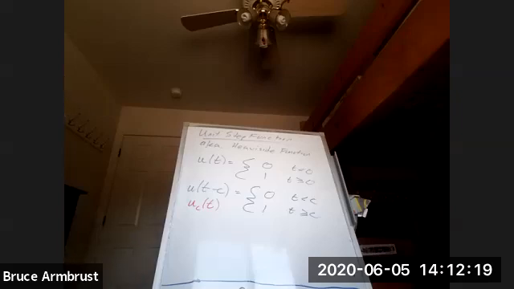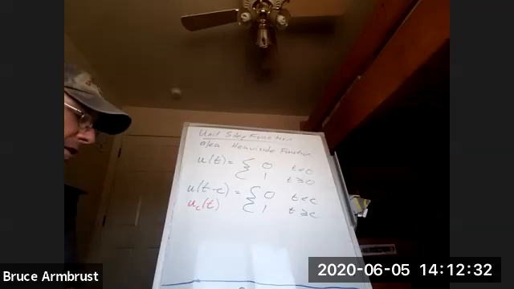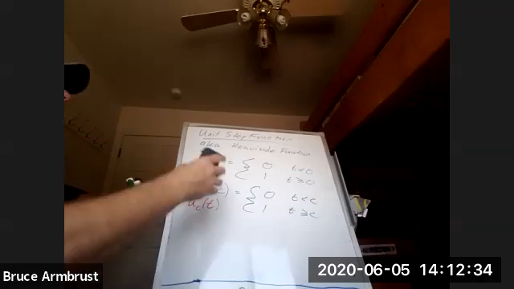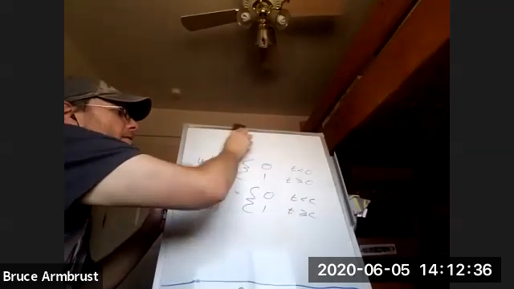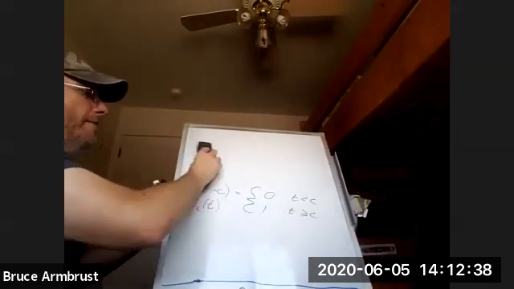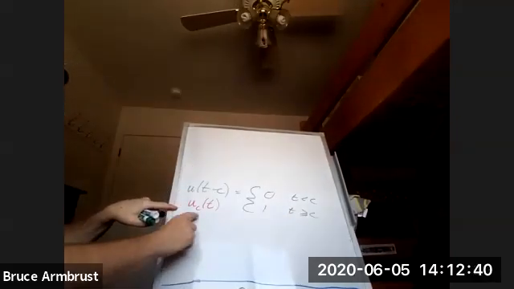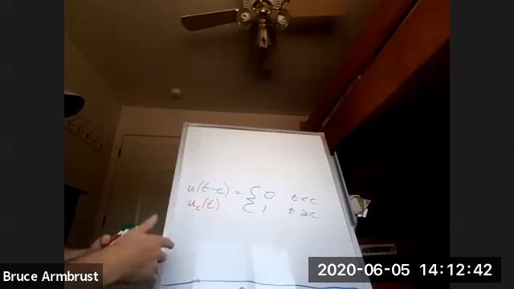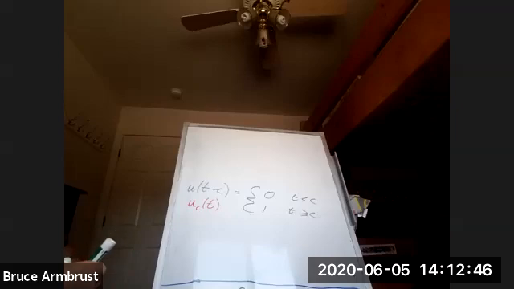Okay, so no big deal, right? Super easy. So let's look at what the Laplace transform is for a unit step function. I'm going to do the generic case where it's been shifted to c, because then, of course, we know what it's going to be at 0. We can plug that in.